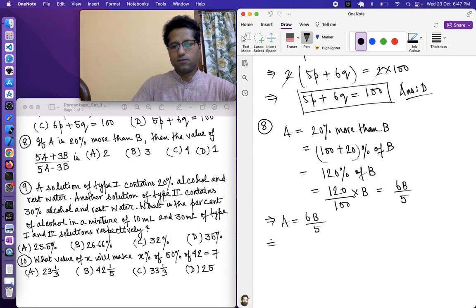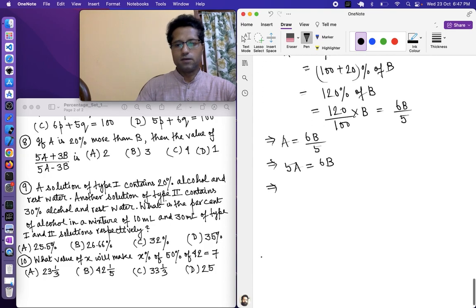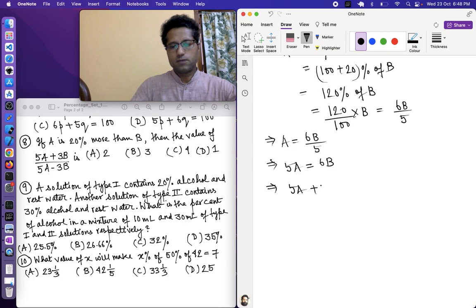Now if you do cross multiplication, you will get 5A is equal to 6B. Now let's evaluate the given expression, that is (5A plus 3B) divided by (5A minus 3B). 5A we have already found to be 6B.